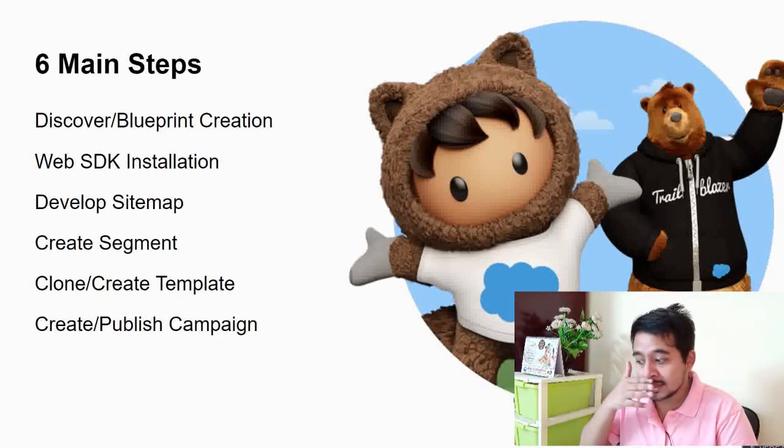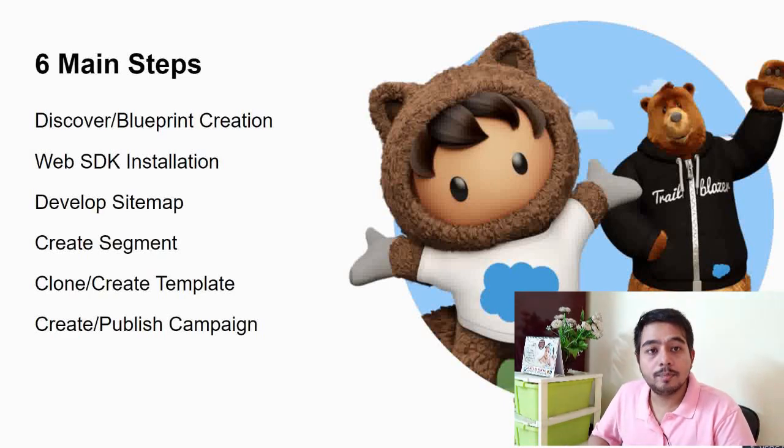Once the discovery phase is completed, the development teams come into the picture. The Interaction Studio team and the web development team work together to define the content zones, install the web SDK, and define the content zones by page IDs.